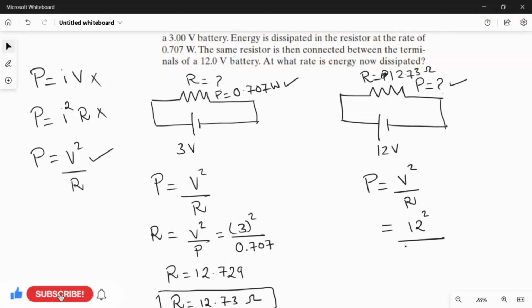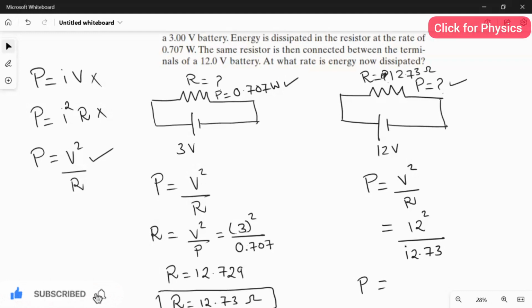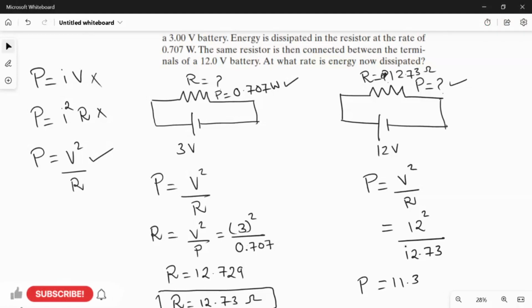So 12 squared divided by the value of the unknown resistor, which we already identified in the first part as 12.73. Let's see what the answer is. 12 squared divided by 12.73, and here I got the answer as 11.31 watt. So this is the answer for this question.